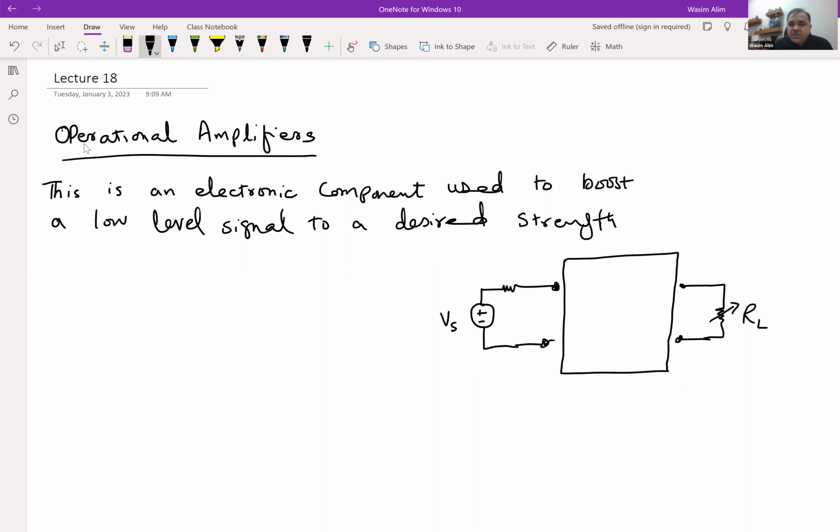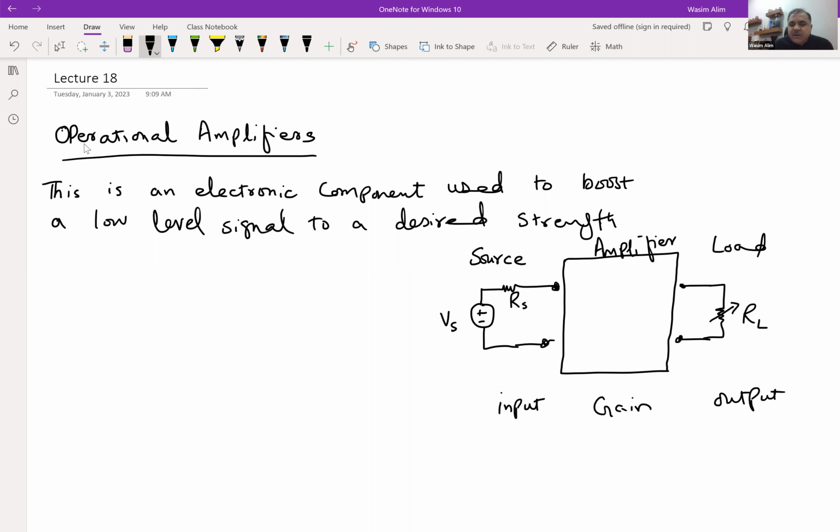So this is our source, this is our load, and this is our amplifier. These are the three stages. In other words, this is our input, this is our output, and this is our gain, right?